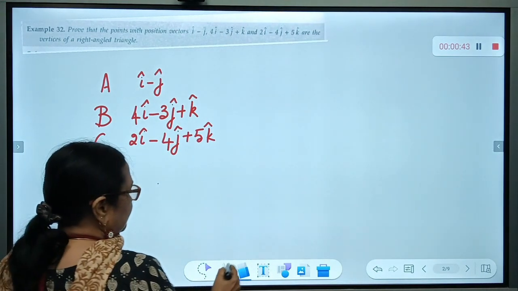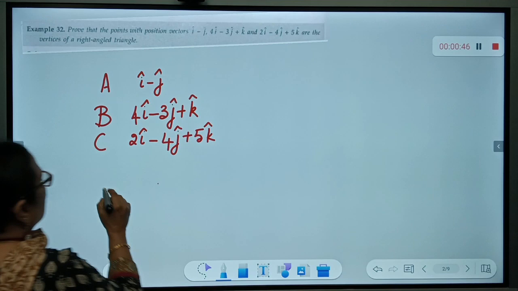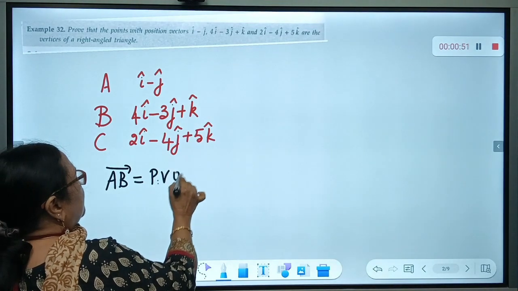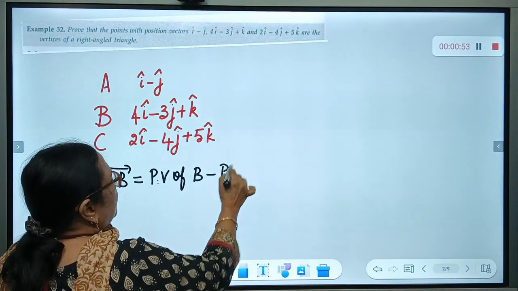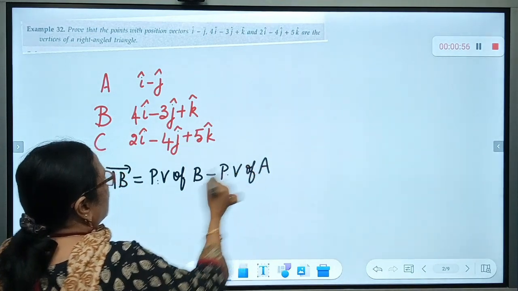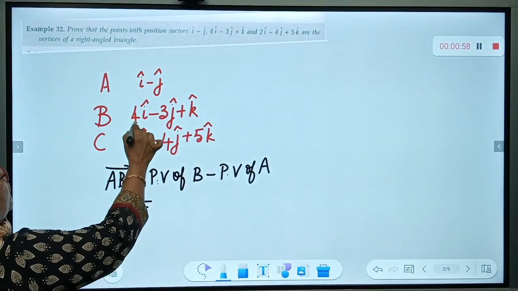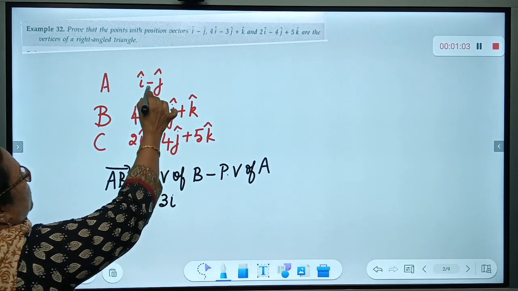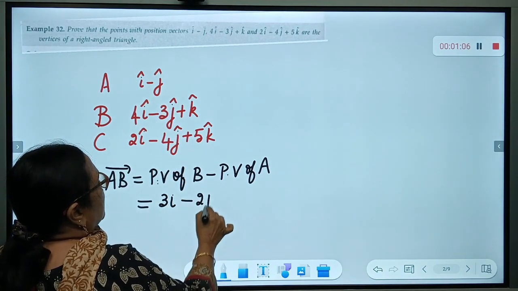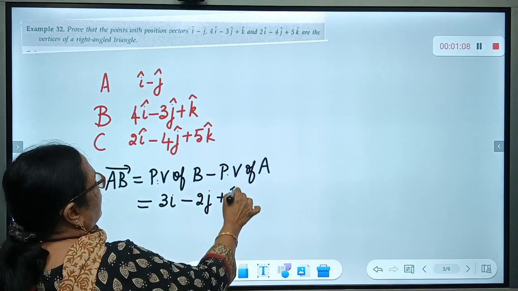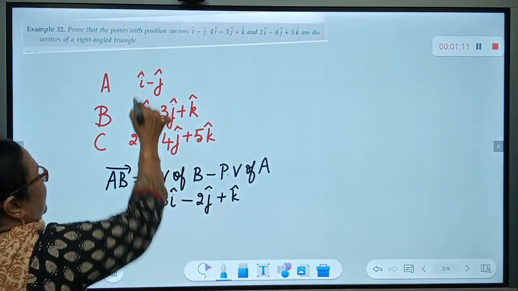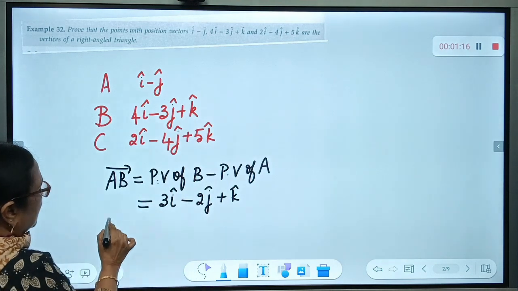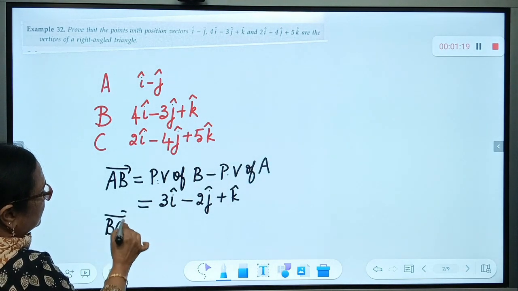Now AB vector equals position vector of B minus position vector of A. So which is equal to 4i minus i, 3i, minus 3j plus j will be minus 2j plus k. Let's also look at BC vector.